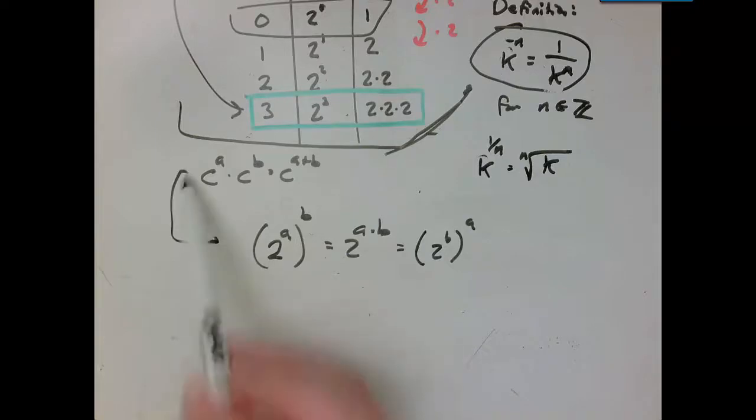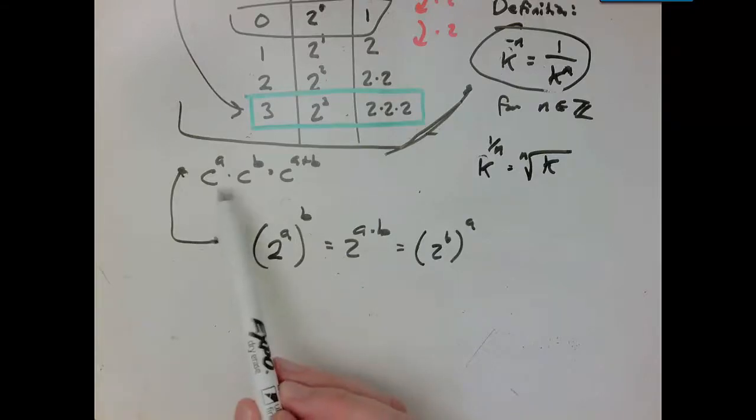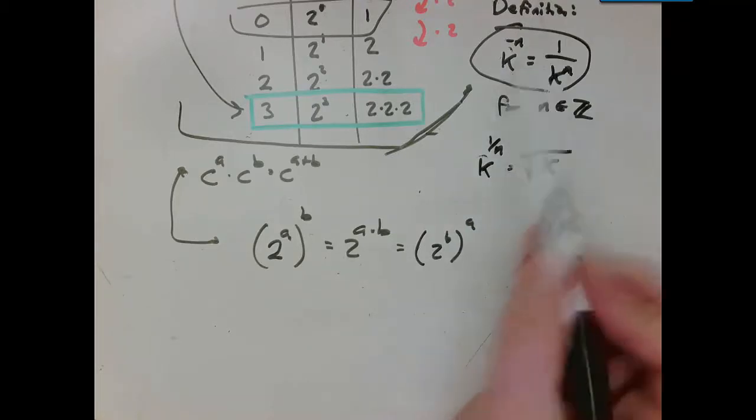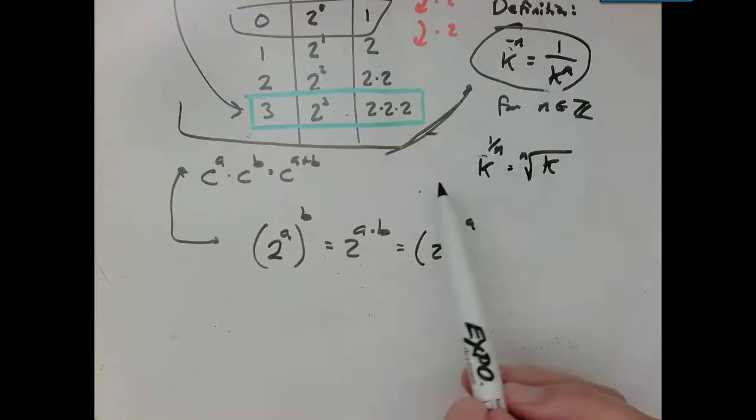Now we know what it means to multiply 2 numbers with the same base, where you have positive integer exponents. And we know what it means to raise one of these to a power. I'll leave it to you in the exercises to verify that these other extended definitions that aren't positive integers also satisfy this new rule.